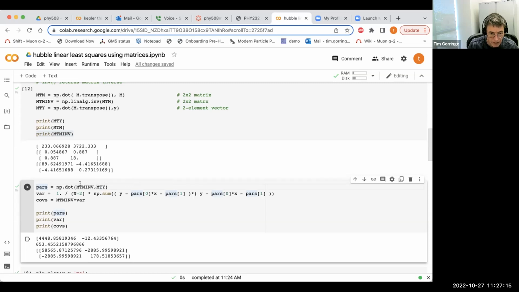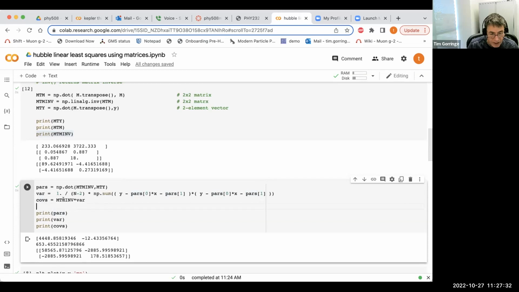And we've calculated these two ingredients, so we just need to multiply them together. This gives us a little vector that contains the two best fit parameters. One is the slope and one is the offset or intercept.